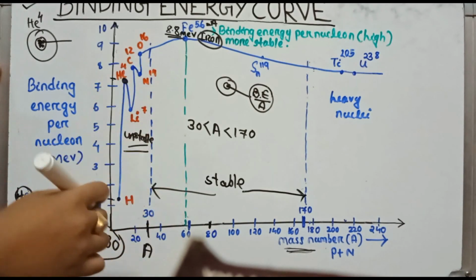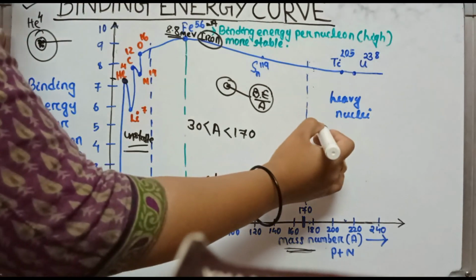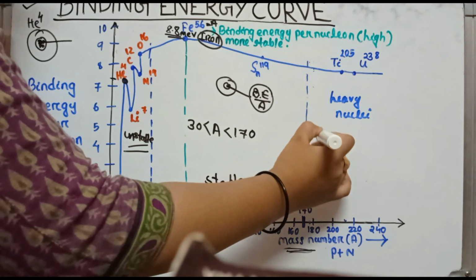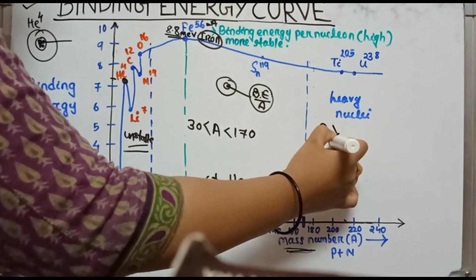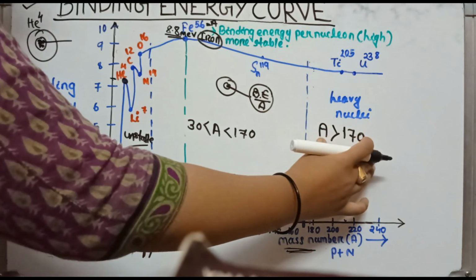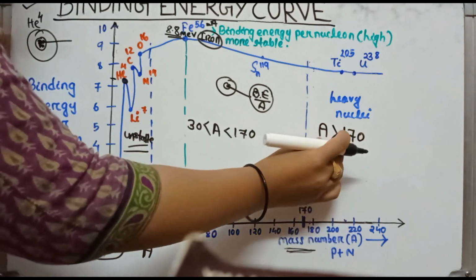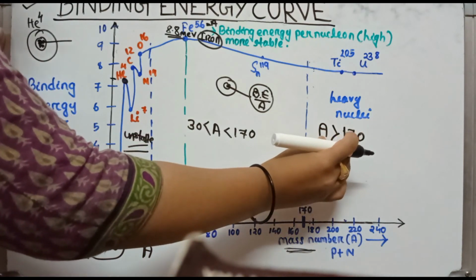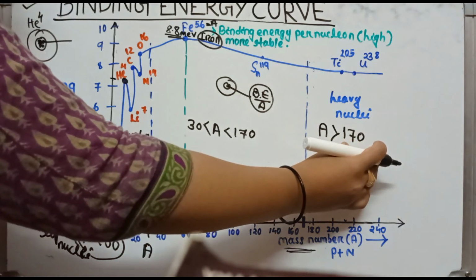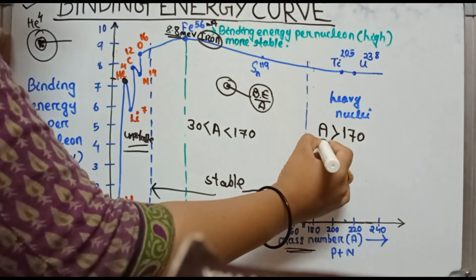And as we go to the higher side, where mass number is greater than 170, they are heavy nuclei.